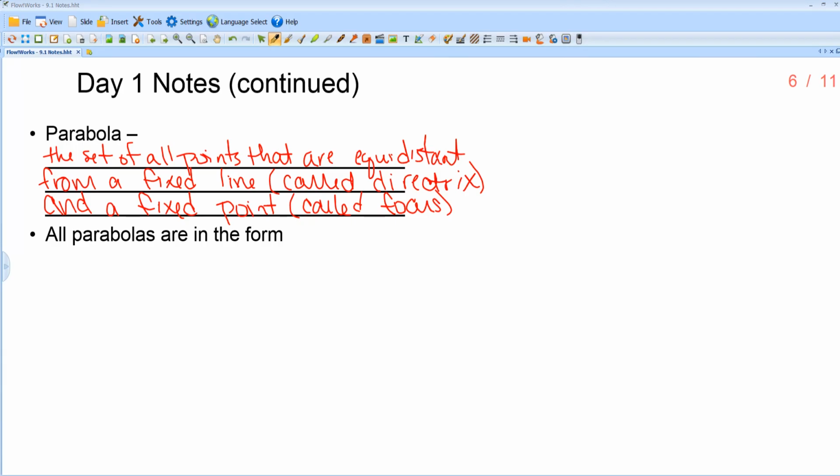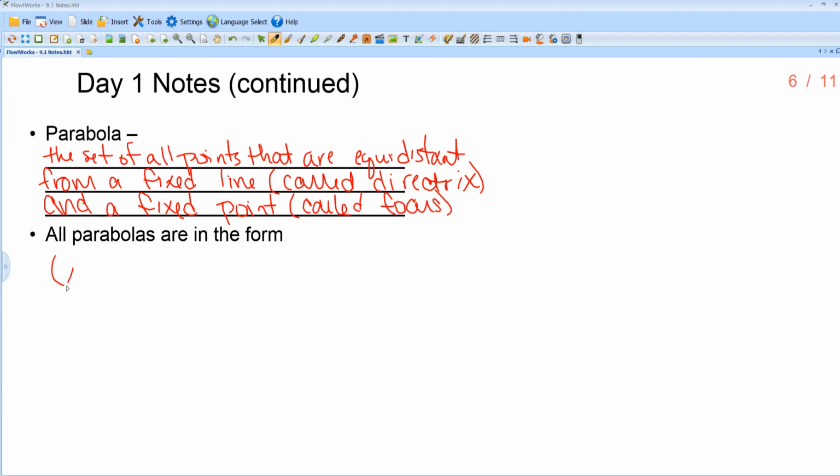Those two vocab words, directrix and focus, are going to follow us throughout 9.1, 9.2, and 9.3. And in some cases, the way that we deal with them is a little bit different. All parabolas are in one of two forms.